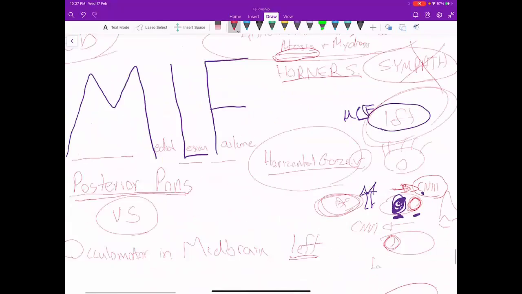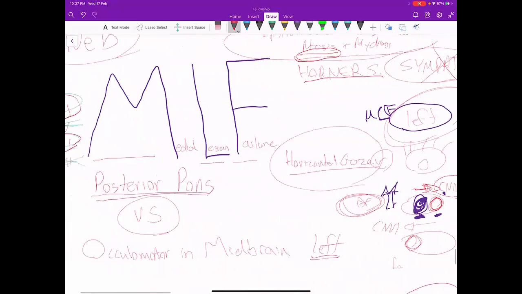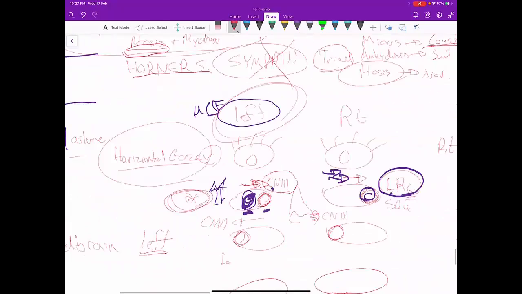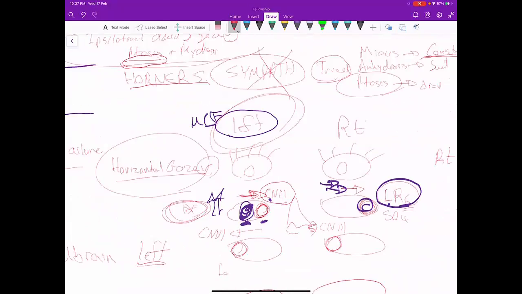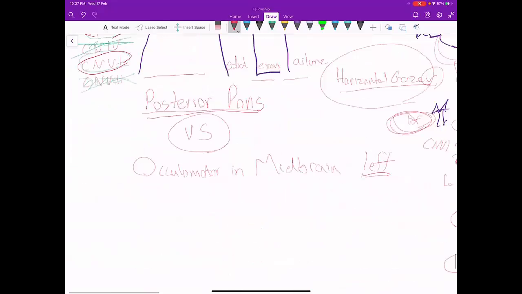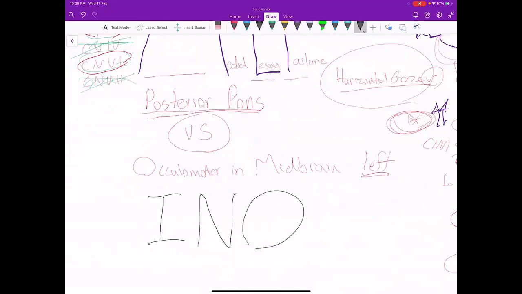What do we call it when the medial longitudinal fasciculus is not working? Do we say we have a left MLF failure? No. It's INO, internuclear ophthalmoplegia.